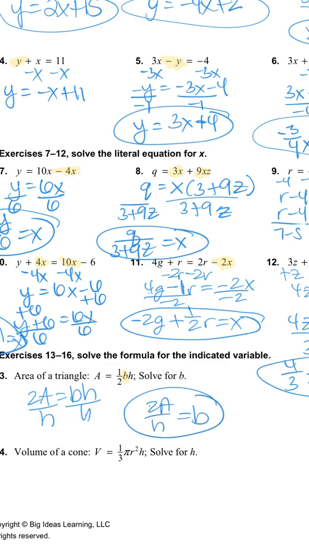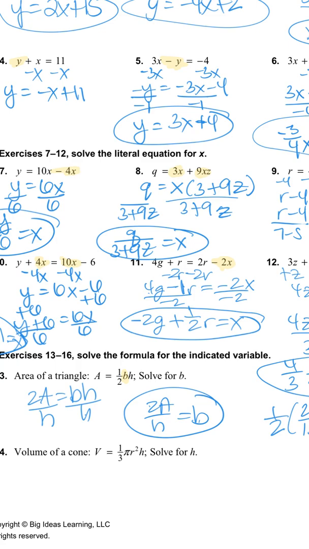So that would be our final answer. And remember that we multiply by 2 because essentially you're getting a 1 for that b. So if you have 1/2 times 2, which is the same as 2 over 1, you get 2 over 2, which reduces to 1. And so that's that 1b. That's how we get that 1 there for that b.